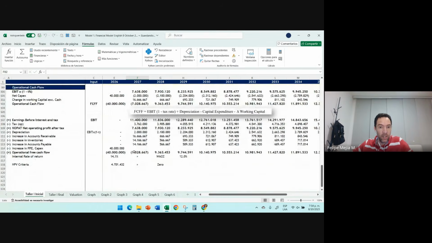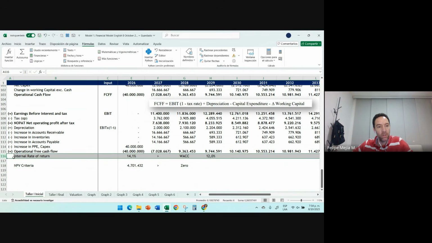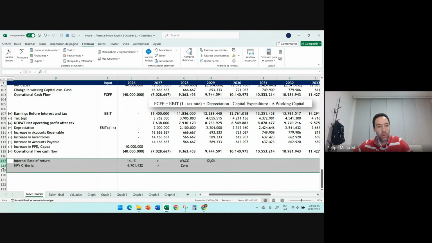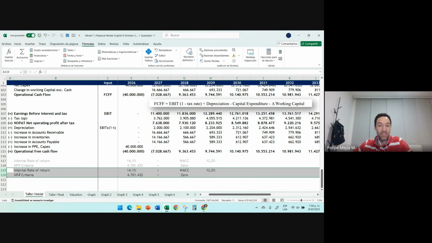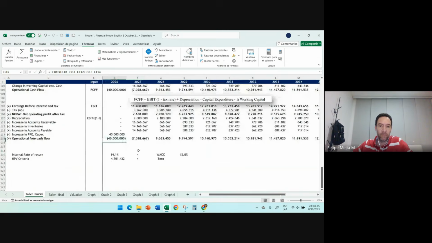Let us look at the internal rate of return, and it has taken a hit. It lost 1%, and it is now at 14.1. But I'm happy to inform that since we're investing in recurring capex, we now have a project that's going to be with us for a long time.